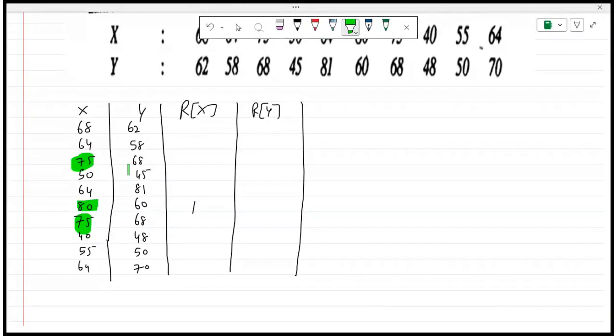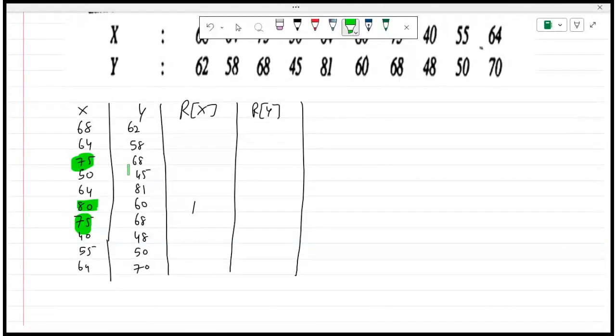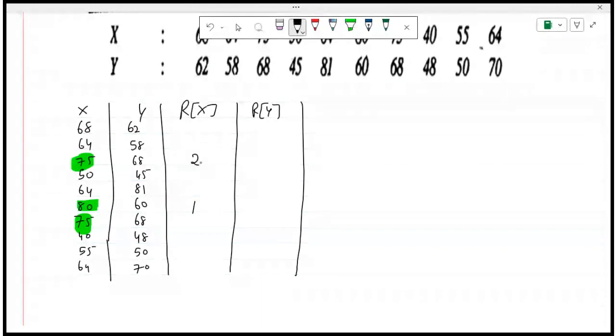So in this case, we will not give rank 2 and we will not give rank 3. Instead, we will give the average of 2 and 3, the sum of 2 and 3 divided by 2. So that is 2.5 to 75.